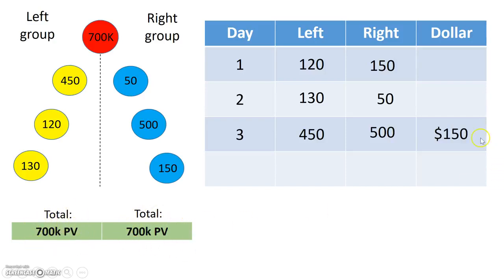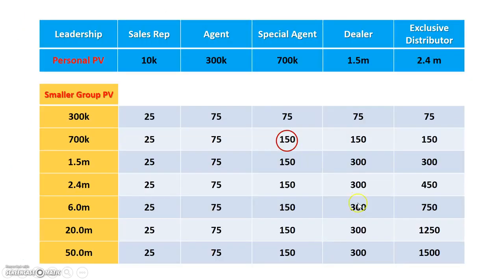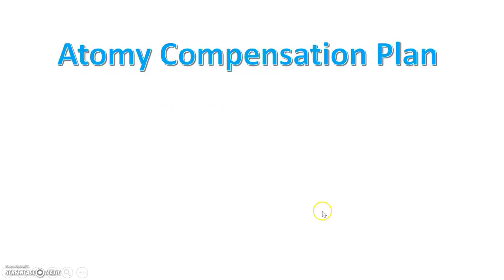At the 700 ceiling, company will pay me $150, and zeroize. If I did not hit this 700 on the next day, or I hit 600 here, or maybe 500 here, the extra points will go to the common, the global PVs. This is what happened. Company pays me $150.